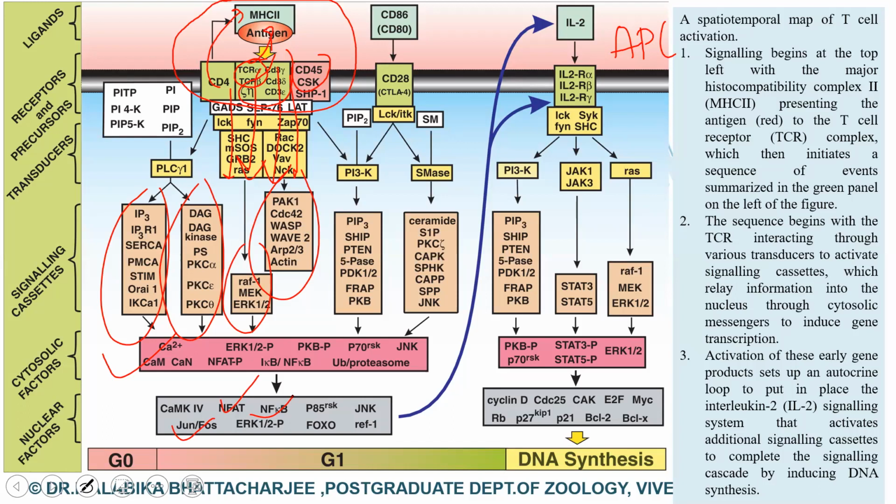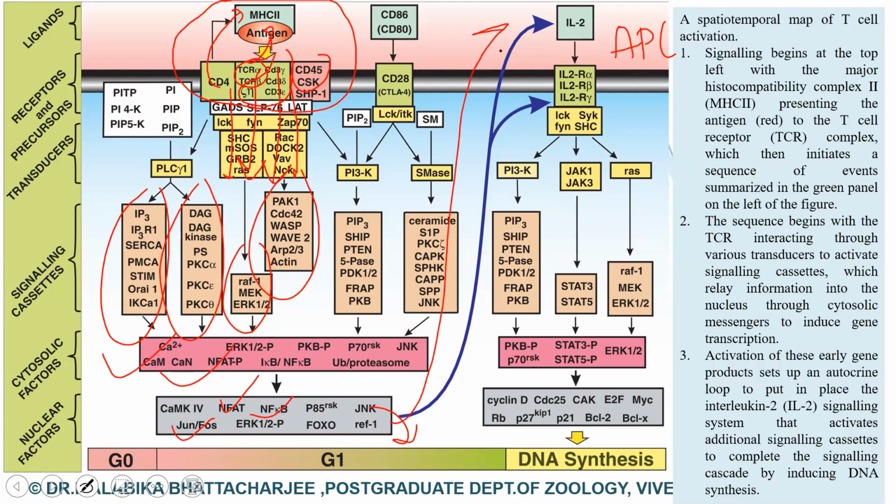Next comes the early set of genes. These early genes are expressed within 2 hours. Once the immediate genes are activated, most of them are nuclear factors, transcription factors. They then activate a set of genes which produce different cytokines, such as interleukin-2, interleukin-2 receptor, interleukin-3, and interleukin-6.